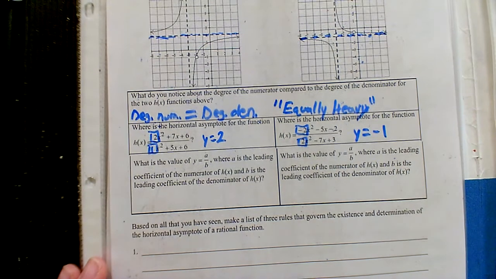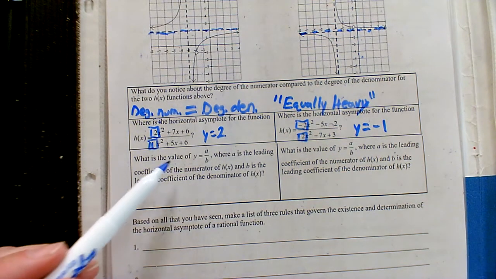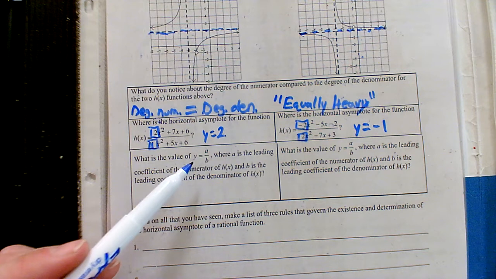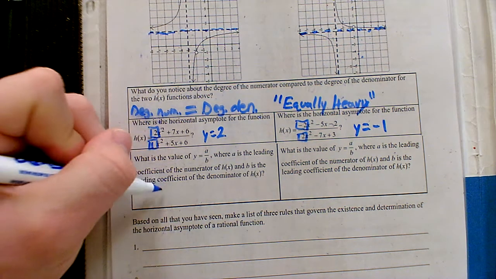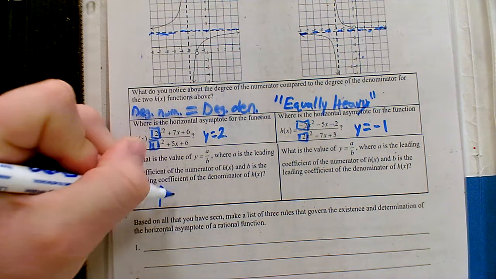Okay. What is the value of y equals a over b, where a is the leading coefficient of the numerator of h of x, and b is the leading coefficient of the denominator? Well, that's what we had already discussed up above. We showed that it was 2 over 1, and that 2 over 1 is equal to 2.